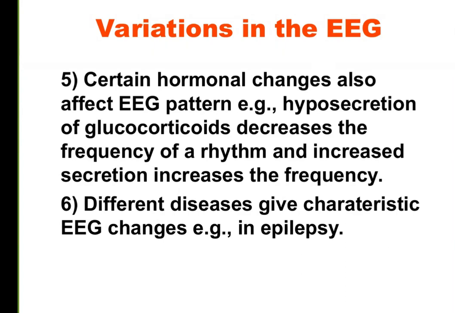But the most well-known pathological state discovered by EEG is epilepsy, or seizures. And we may find the localization of abnormal neurons in the brain and find epilepsy with the help of EEG.